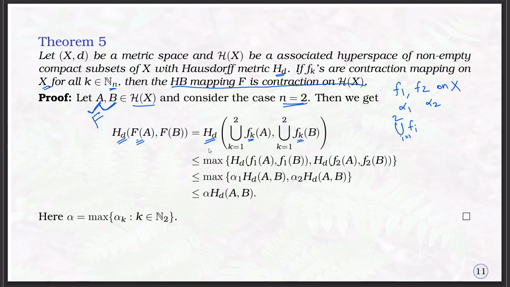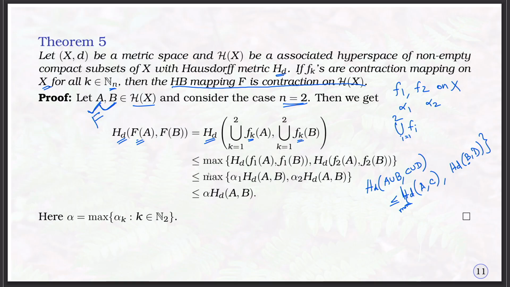Also, in the previous lectures we have proved that the Hausdorff distance between A union B and C union D is less than or equal to the maximum of the Hausdorff distance between A and C and the Hausdorff distance between B and D. So, the Hausdorff distance between the unions is less than or equal to the maximum of these two numbers.